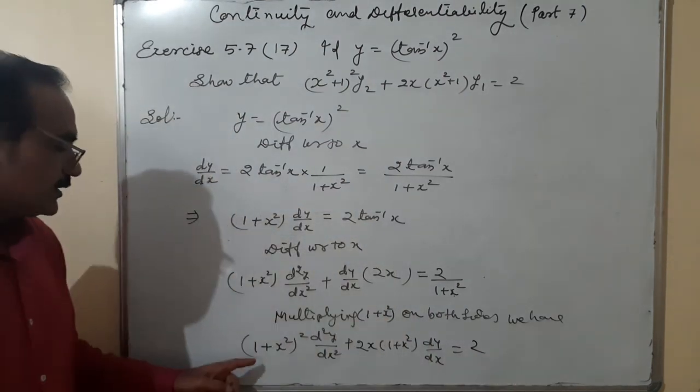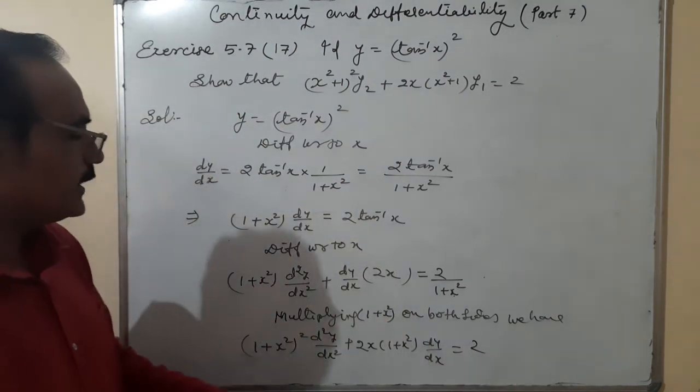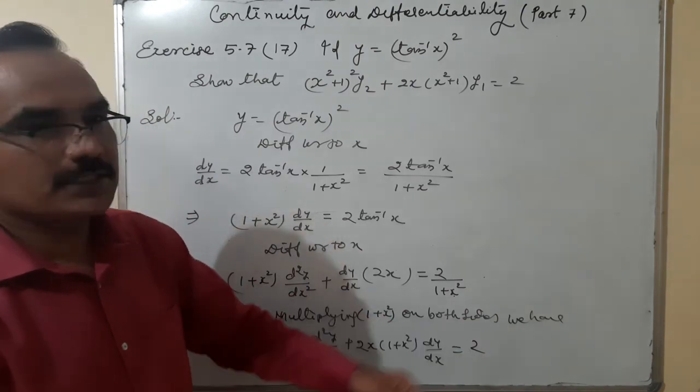So this is the term 1 plus x square whole square d2y by dx square plus 2x 1 plus x square dy by dx is equal to 2.